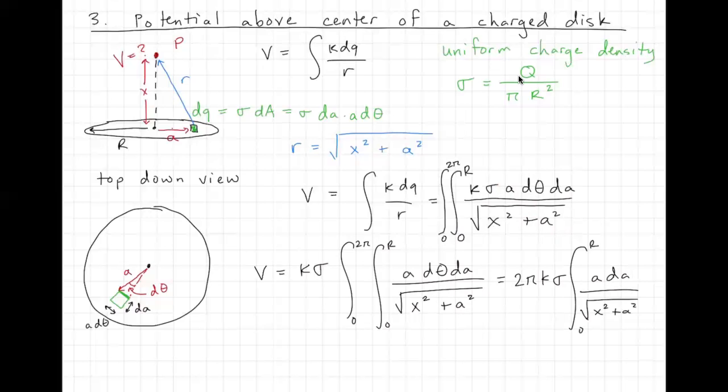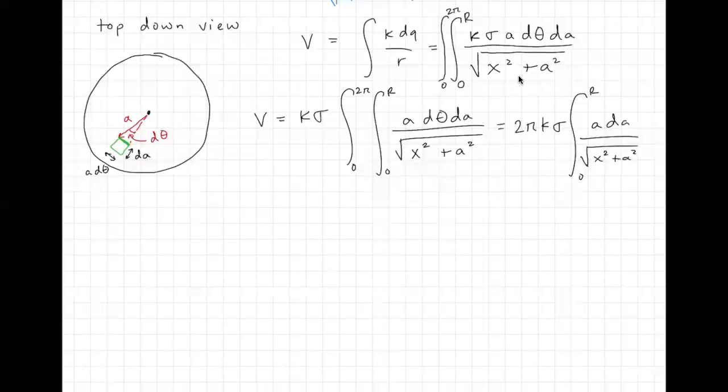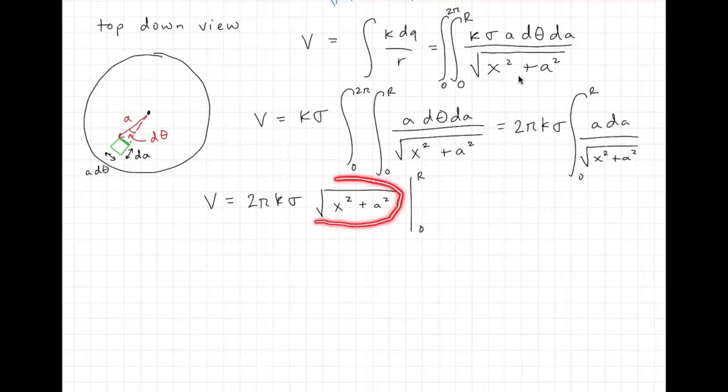Okay, so at this point, you can do a u substitution if you want. I'm just going to try to do it off the top of my head, and you guys can check me. So if I imagine taking an antiderivative here, I'll keep all the constant factors out front. And what I really would have would be just something that looks like this, the square root of x squared plus a squared, evaluated from 0 to r. So how does that work out? Because if I took a derivative of this expression that I just wrote down, then it's a chain rule. There's an outside function, which is the square root.